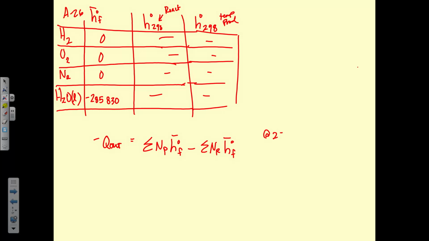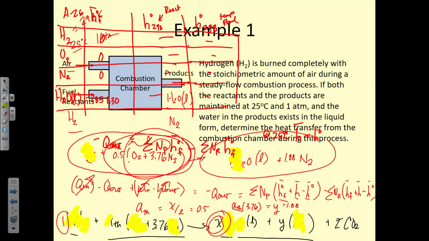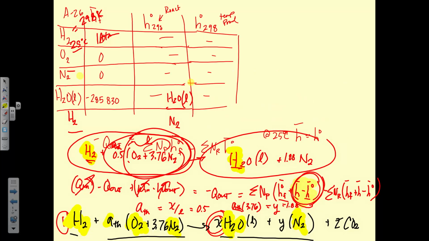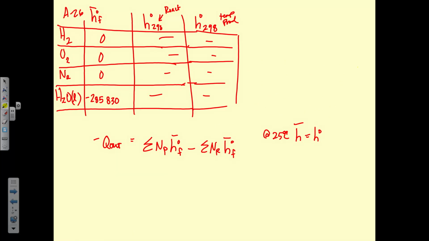Because at 25 degrees Celsius, H is equal to H naught, that part of the equation cancels out for each of our terms, just because we've said that our reactants and our products are at the same temperature. So this part goes away. We only have to worry about the enthalpy of formation, and only for liquid water because everything else has 0 for that value.